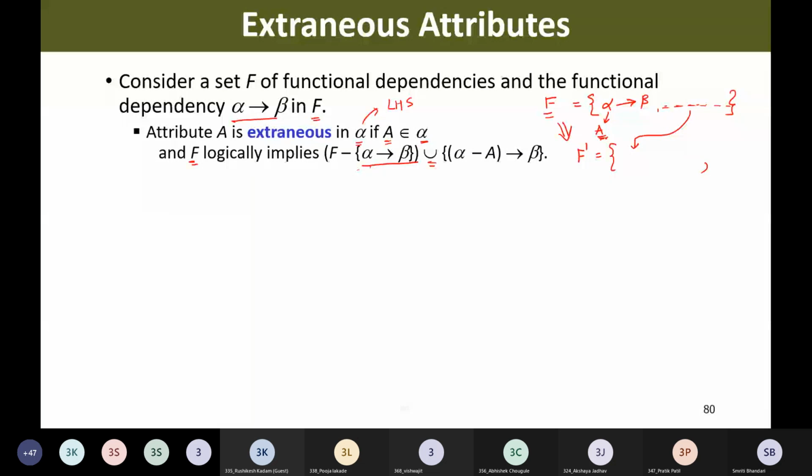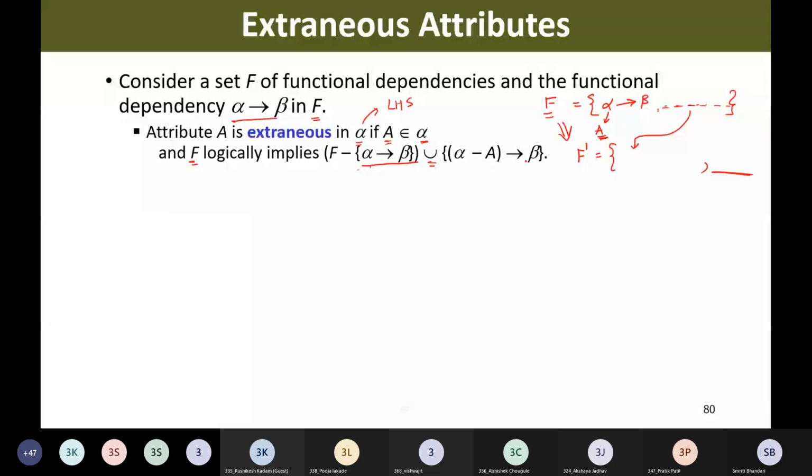That means we are going to omit this attribute A from the left hand side, and then whatever my left hand side is, that is alpha minus A determining beta, would be there in my new set of functional dependencies, along with all remaining dependencies. So this would be my new set F dash.